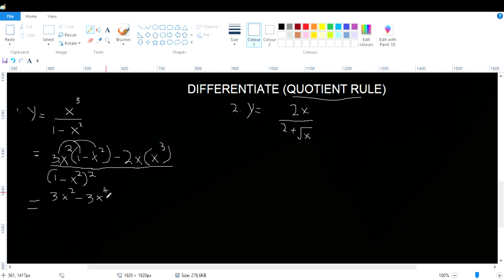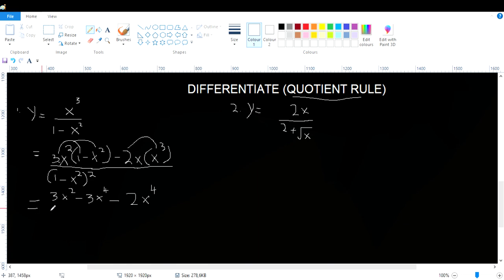Then here we're going to multiply, it's going to be minus 2x to the power 4.